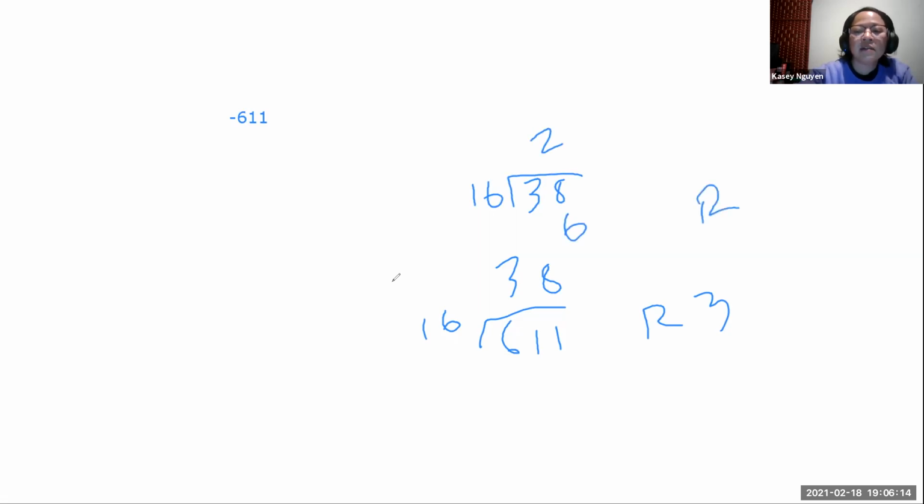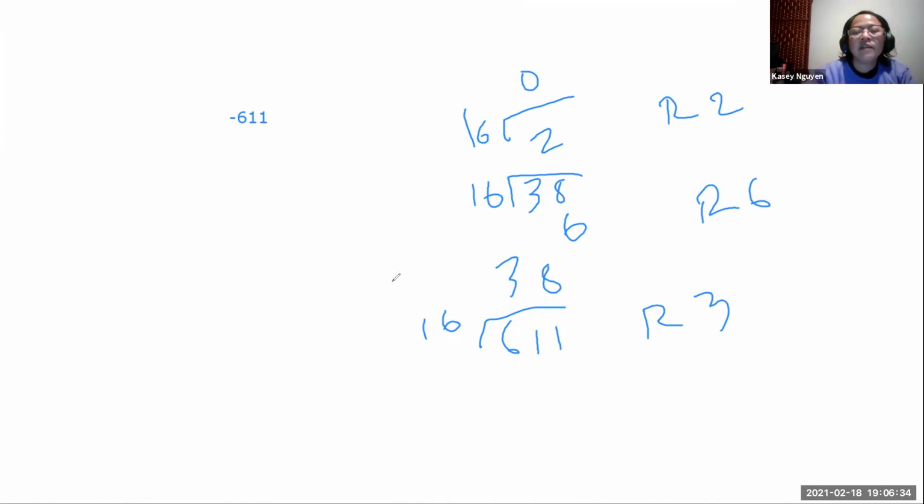So that's an R6. And then I would take the 2 and divide it by 16 again. I get a 0 with an R2. Okay.